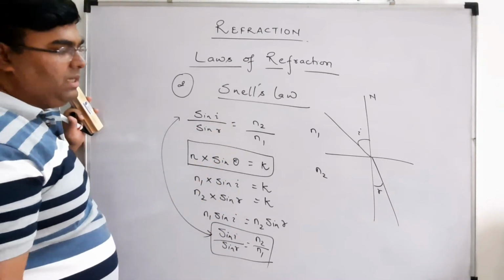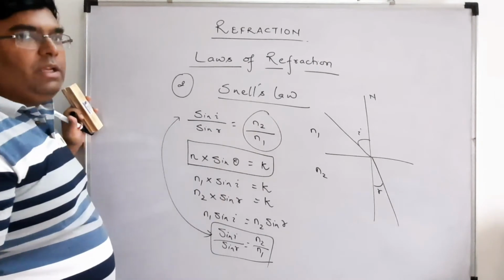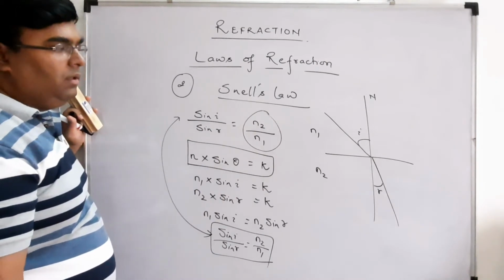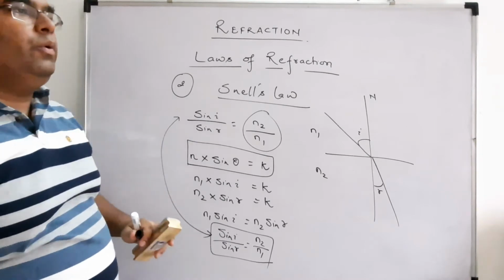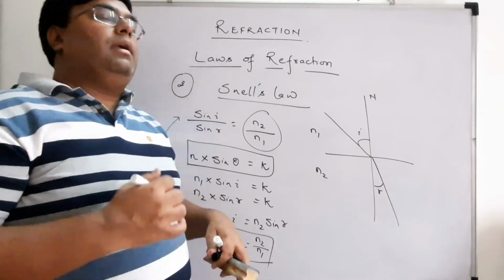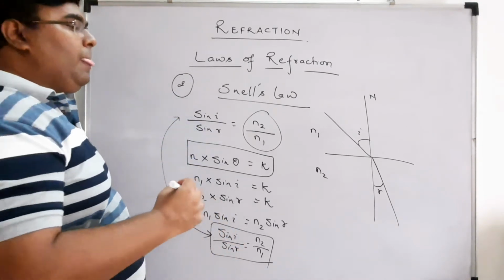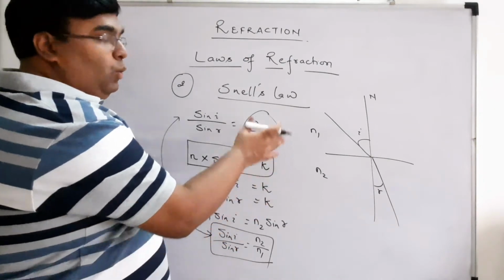Now we need to understand what is this N2 by N1. Okay, this N2 by N1 is basically a ratio, and we use a ratio for what? Comparison, right? So we are comparing two mediums.